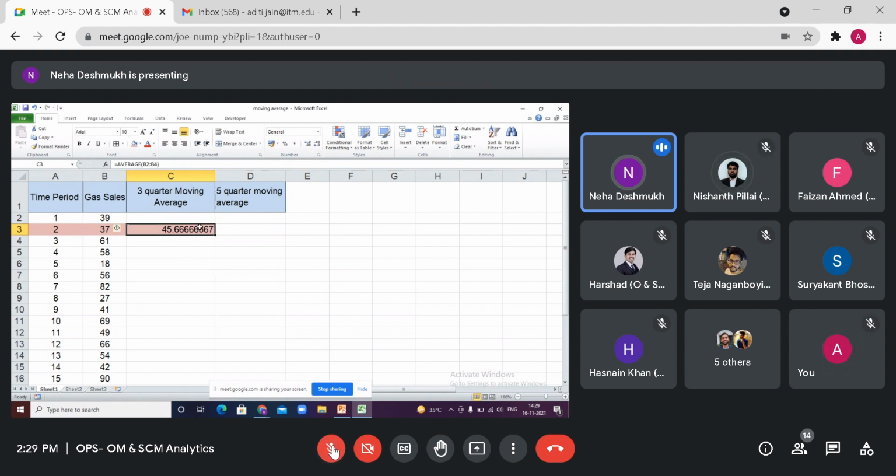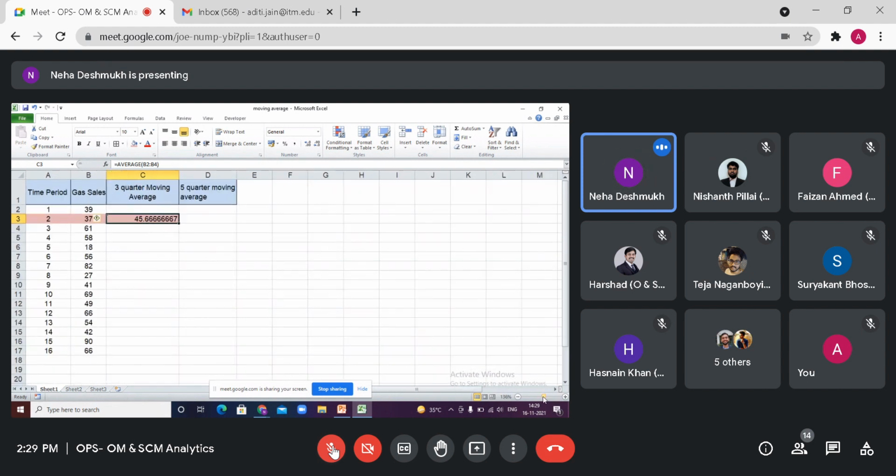Yes, ma'am. The same you can compute, just drag the formula down, right?